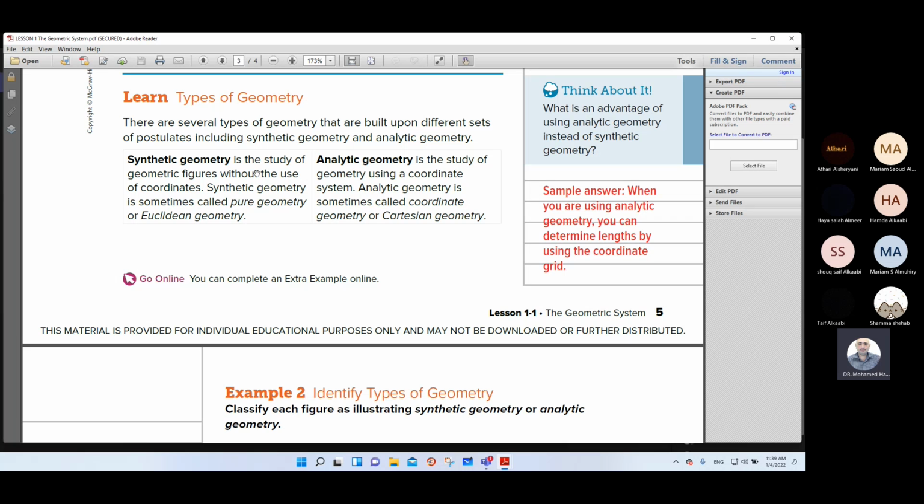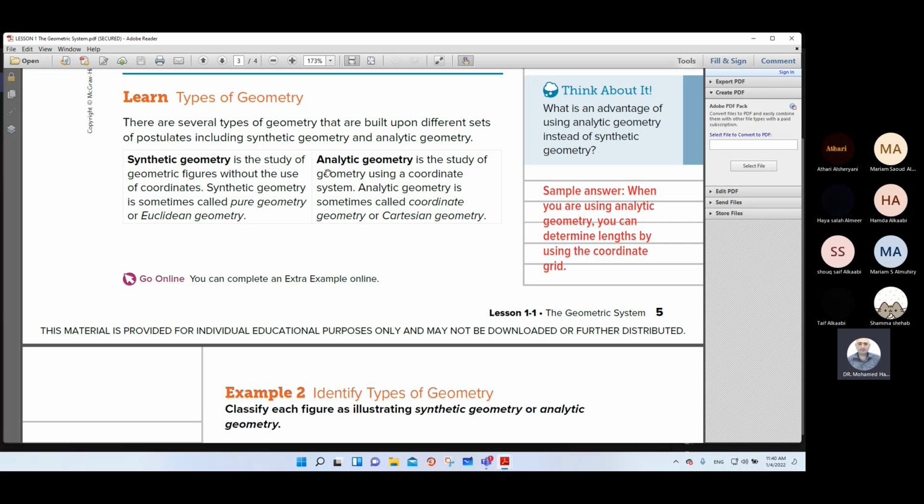Scientific geometry is the study of the geometric figures without the use of coordinates. Scientific geometry is sometimes called pure geometry or Euclidean geometry.